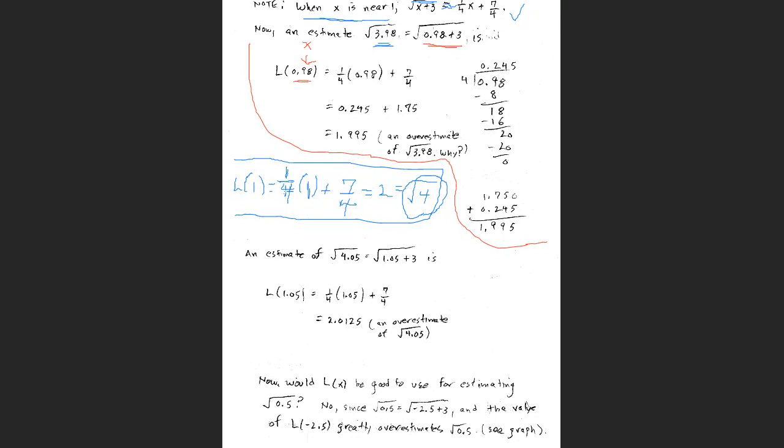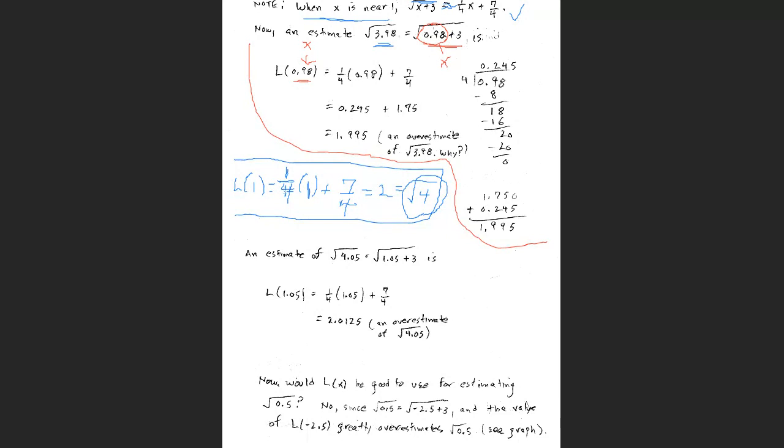So the square root of 3.98 equals the square root of 0.98 plus 3. Then 0.98 is the value of x, right? Because our function is the square root of x plus 3. So if we're looking to find the square root of 3.98, then x is 0.98.